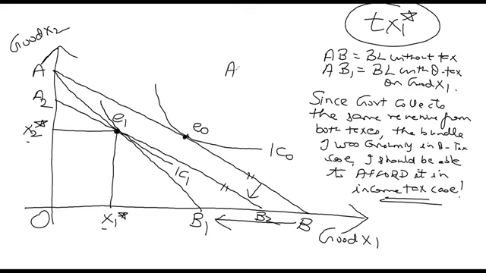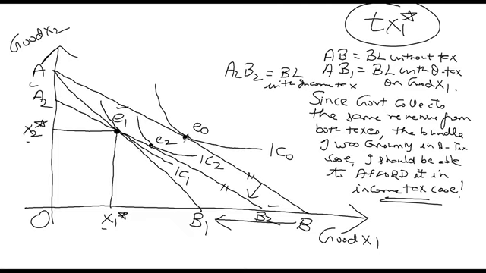So A2 B2 is the budget line with income tax. Now, where will I consume on the A2 B2 budget line? Will I consume on A2 E1, at E1, or on E1 B2? Obviously I'll consume on E1 B2. I'll consume somewhere here. I will be on a higher indifference curve.